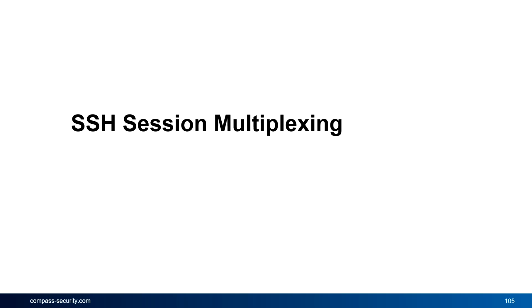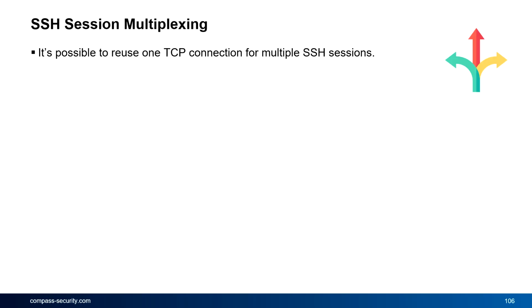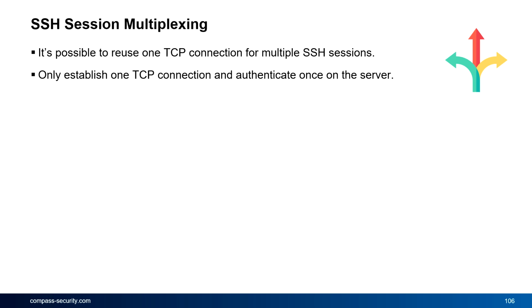Another interesting feature of SSH is session multiplexing. Session multiplexing allows you to reuse one TCP connection for multiple SSH sessions. This means when you first connect to a server, you establish a new TCP connection and you perform the authentication. So you first authenticate, the host authenticates you, and then you have a running SSH session.